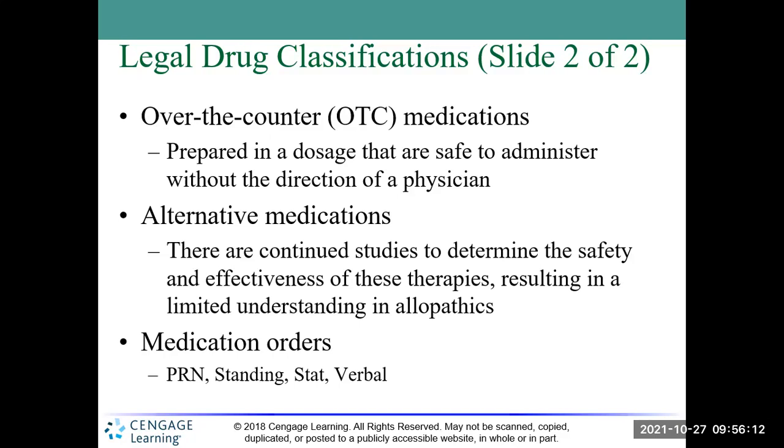As the studies continue to help determine the safety and effectiveness of these types of therapies, there's a very limited understanding within the allopathic world, which is where you're going to be working, of the benefit of things like fish oil and CoQ10 and vitamin B's and magnesium, potassium, things of that nature.